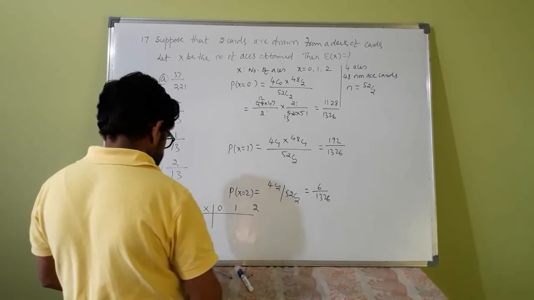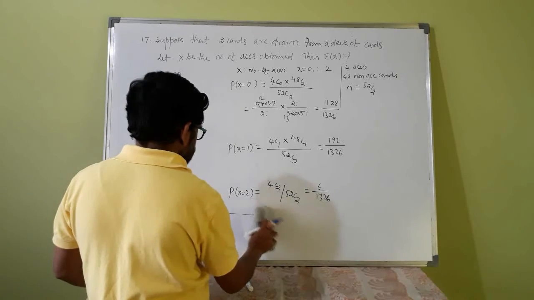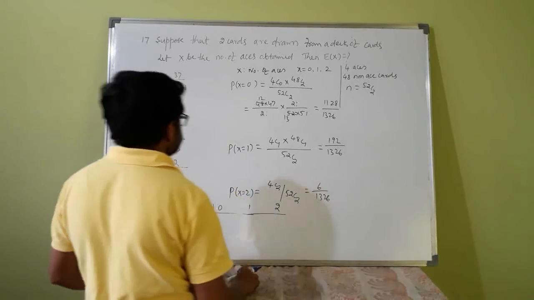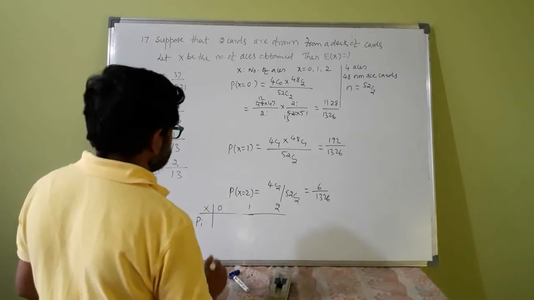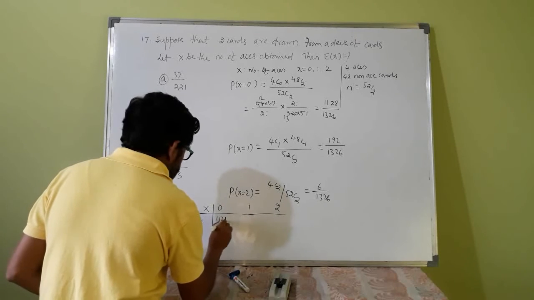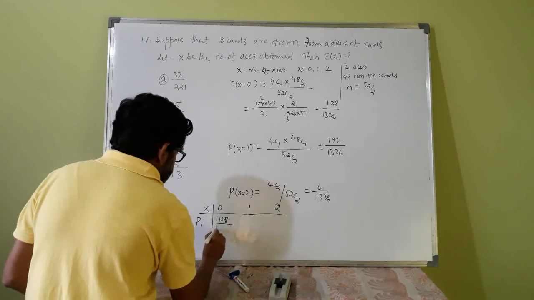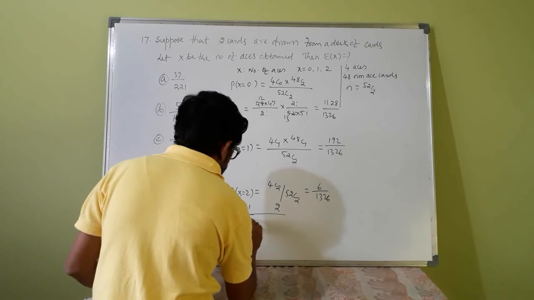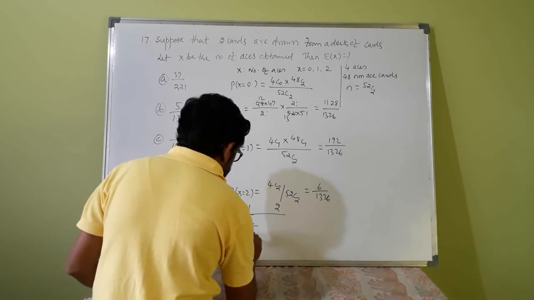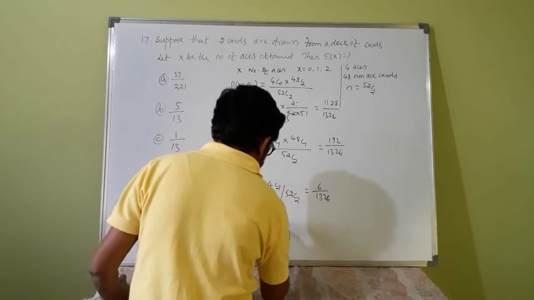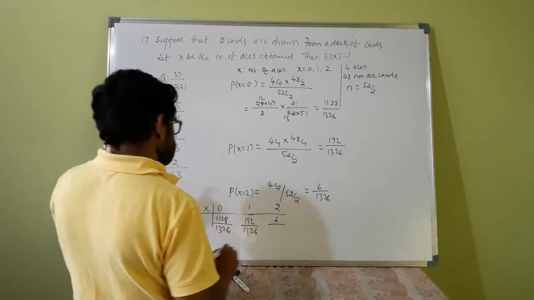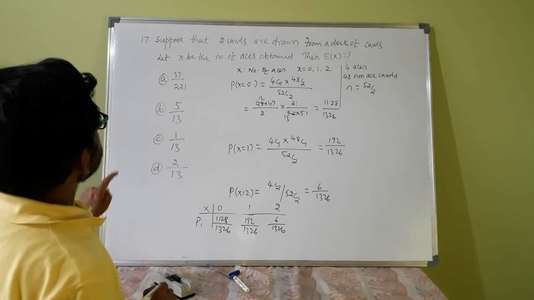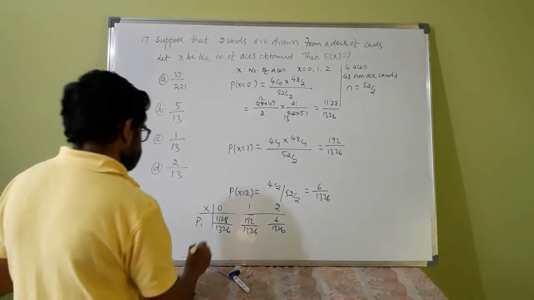Probability of x is 1128, 192, 6, divided by 1326.